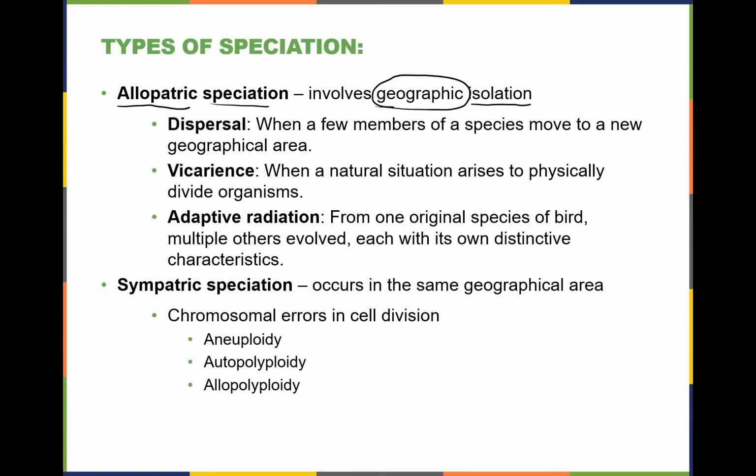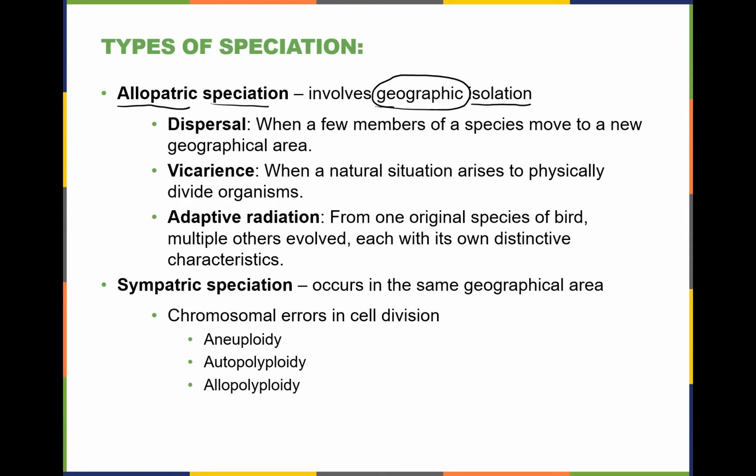For example, we talk about the finch bird at the Galapagos Islands. That bird's ancestor, the origin of that species, came from the mainland, which is South America. So some of the species moved to the Galapagos Islands, and there they became a new species different from the original species on the mainland.